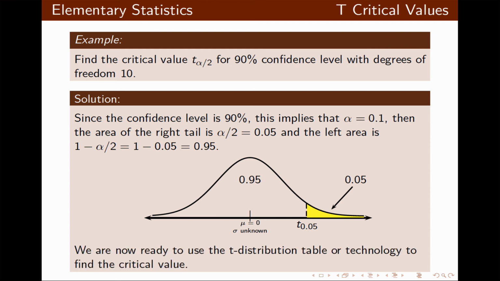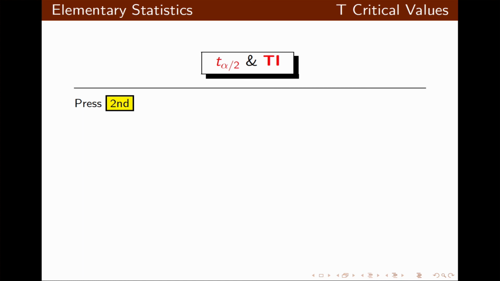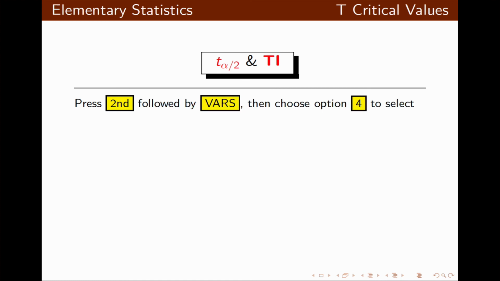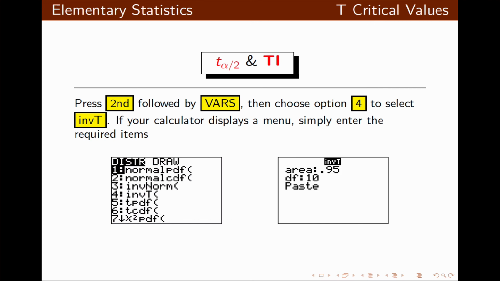Now, using the t-distribution table or technology, again, we're going to be using TI, second, vars, option 4 for inverse t. With the menu, we enter the left area and the degrees of freedom. We press paste, and then we hit enter.